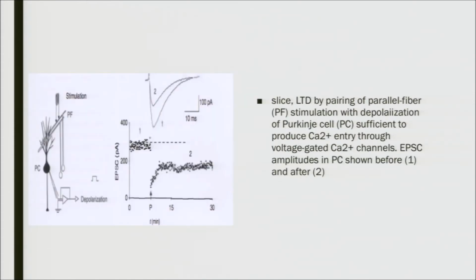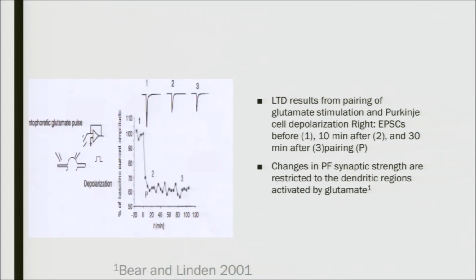This is a graph which shows a Purkinje cell being stimulated repeatedly, and you can see after 30 minutes or so there is a depression of the wave. Similarly, if you apply glutamate without any stimulation with climbing fibers, again you have a slow depression.